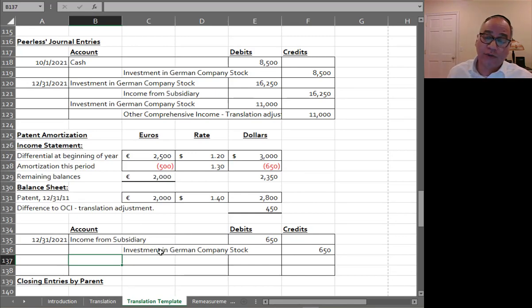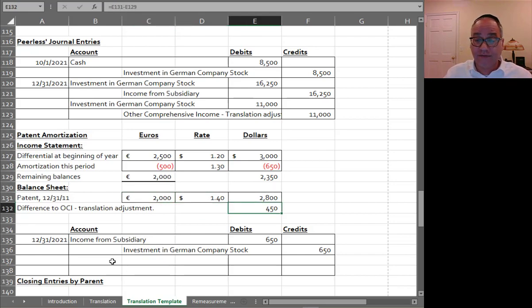Then we also need to adjust the book value, the balance sheet value, according to the new exchange rate of 2,800. Because this would only get us to 2,350. And it should be 2,800 because this is worth 2,000 euros. The rate is $1.40, so it should be on the books for 2,800.